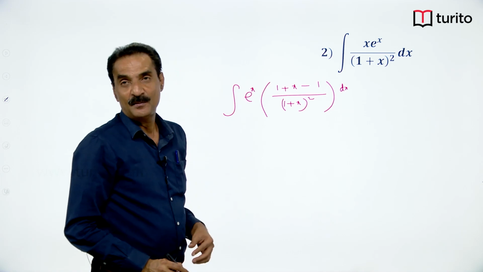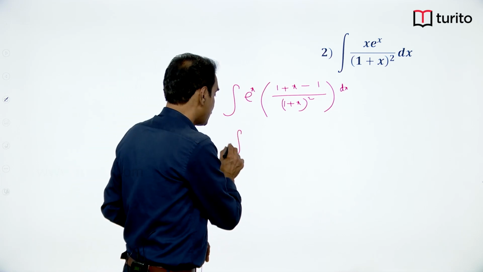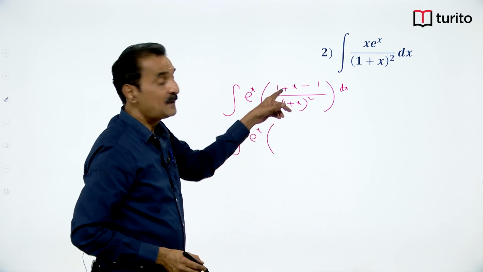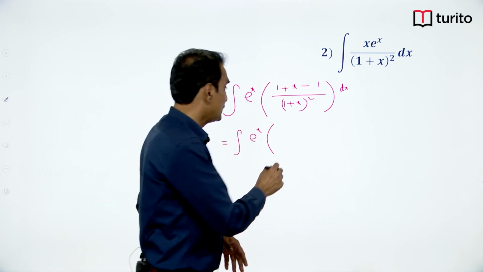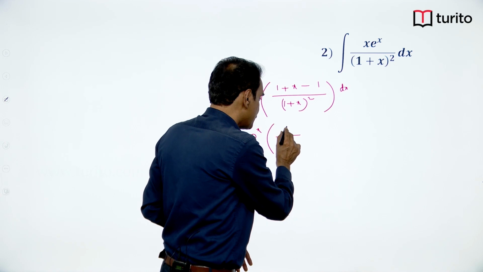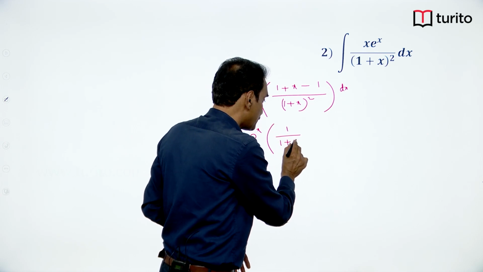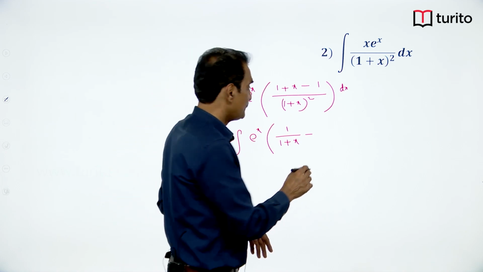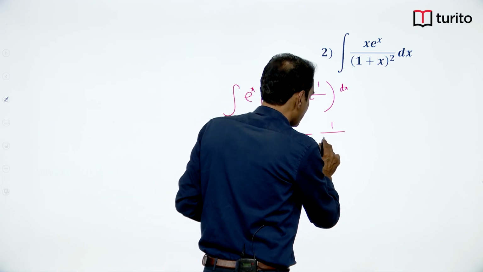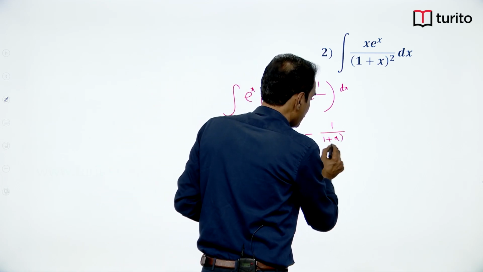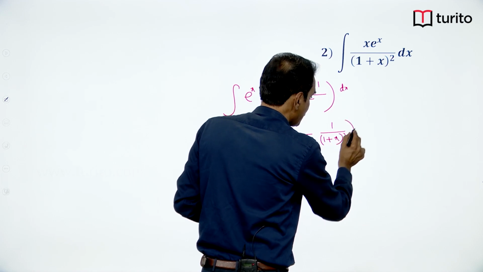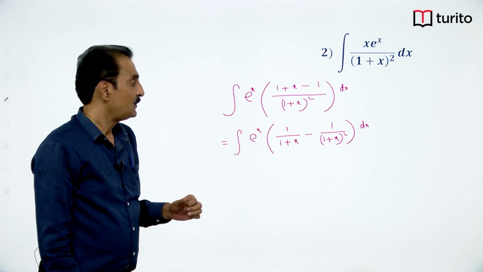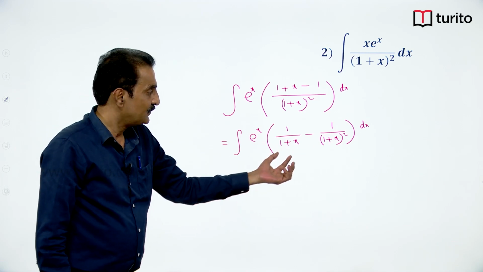If you separate the denominator, e power x into [1 plus x by (1 plus x) whole square, which is 1 by 1 plus x, minus 1 by (1 plus x) whole square]. Now, observe these two.